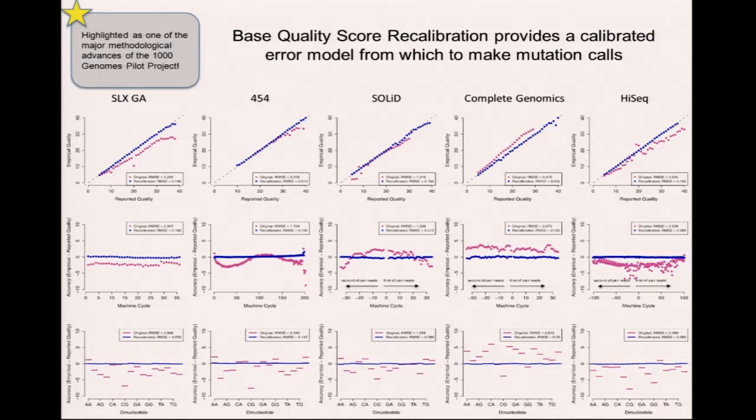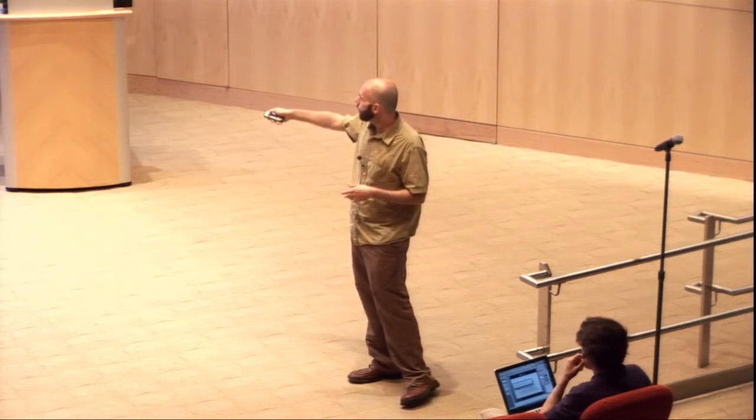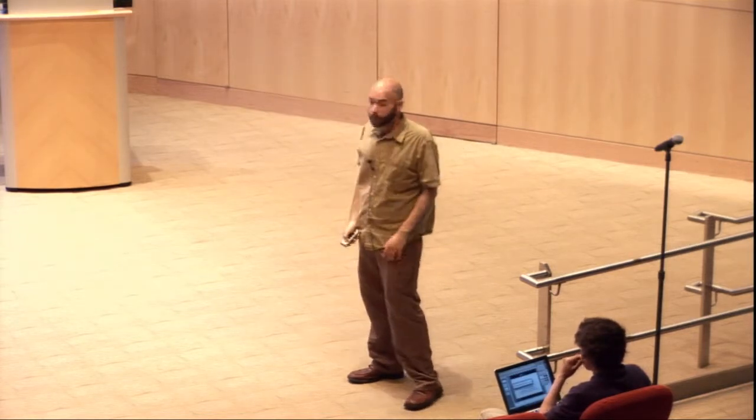In the beginning of the read you're overconfident, then you're fine, and then you're underconfident again. If the reads that support your variant all appeared at the beginning of the read, you'd be less likely or more likely to call it based on this bias. After running this base quality score recalibration procedure, that bias has been effectively eliminated.